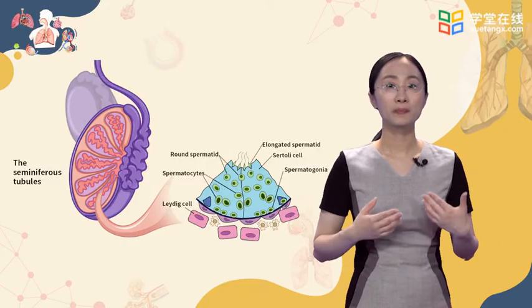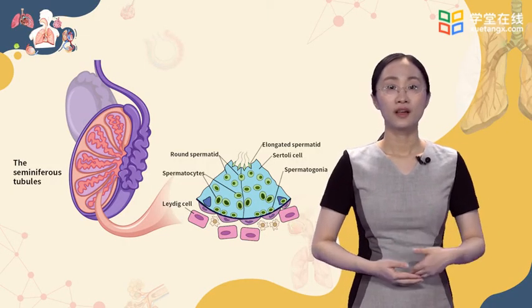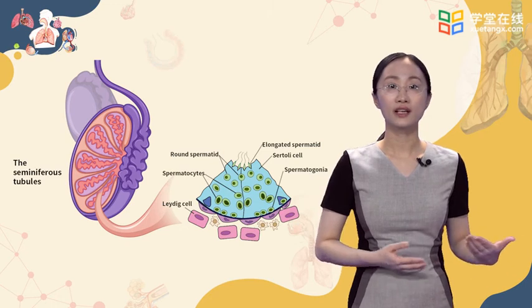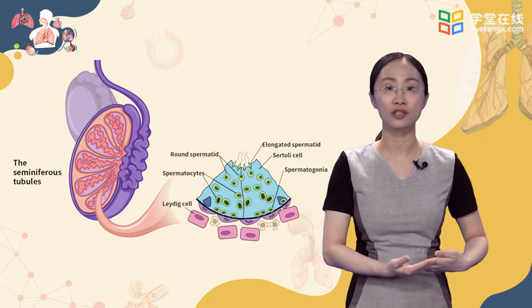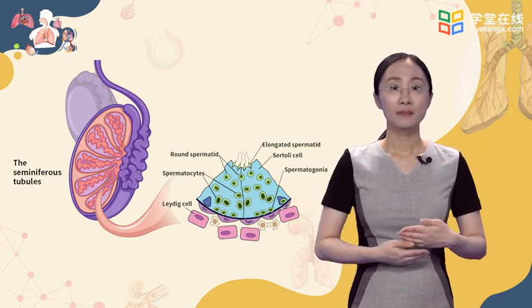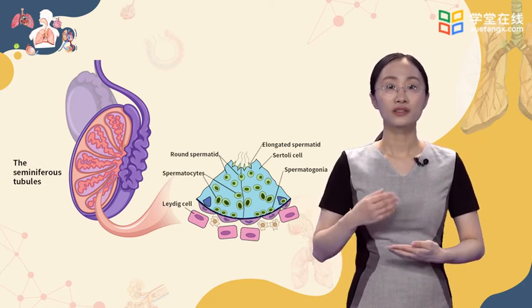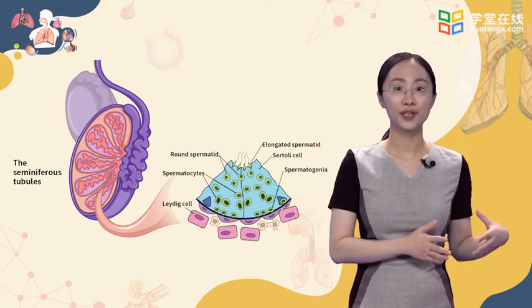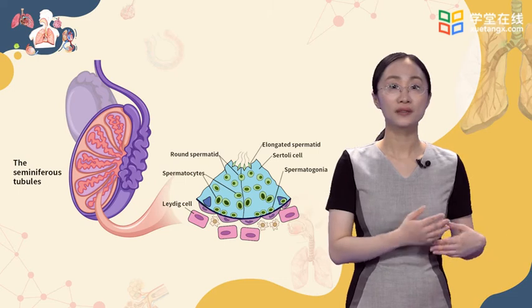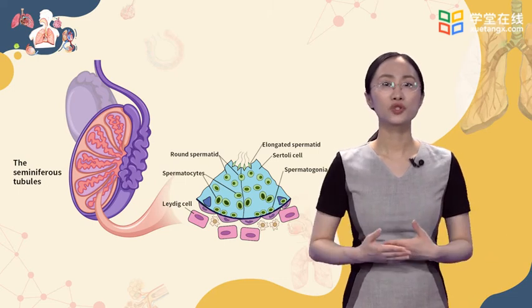Before going further into spermatogenesis, let's first look at the sperm factory, the testis. It is where sperms are produced. The testis is mainly composed of seminiferous tubules and interstitium. The seminiferous tubules contain two types of cells. One is the male germ cells, spermatogenic cells, which can produce sperm.